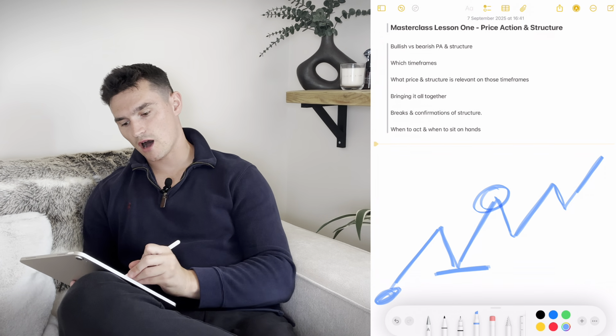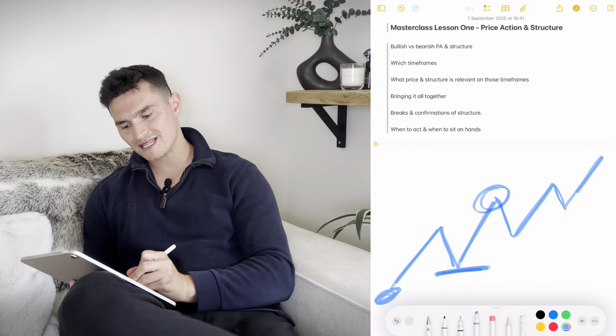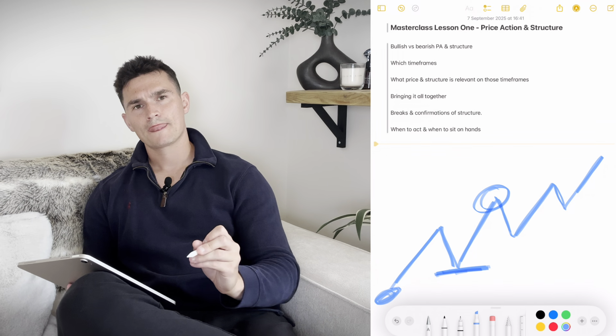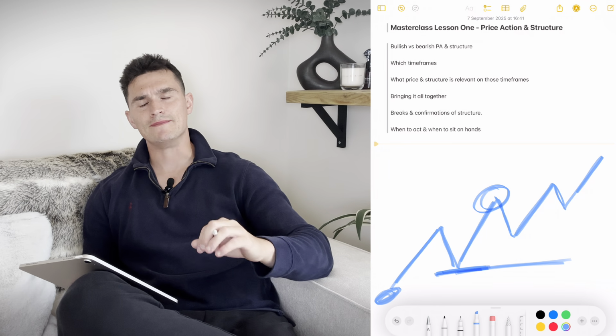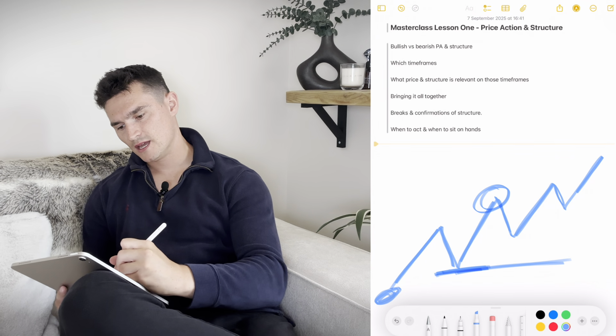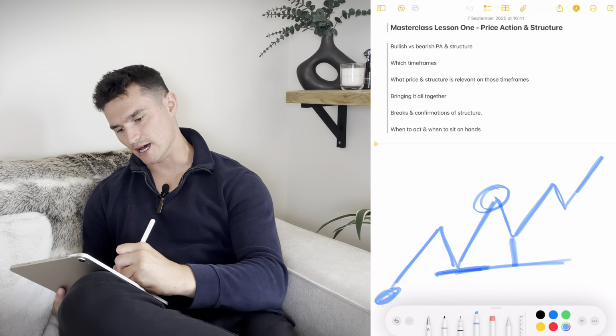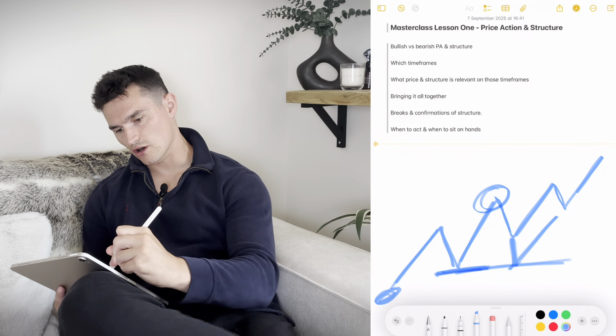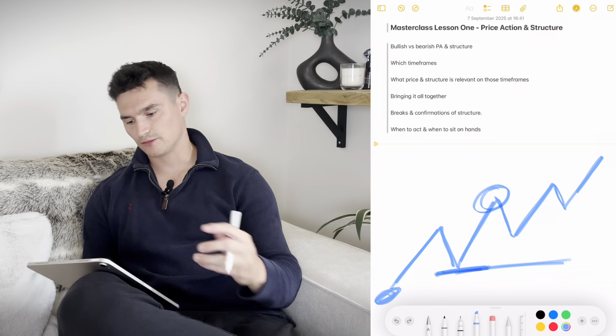As long as we stay above that higher low, I'm happy and it's fair game. We are still looking for upside. So even if price from here decides to come down here, but then reacts off, we are still bullish.